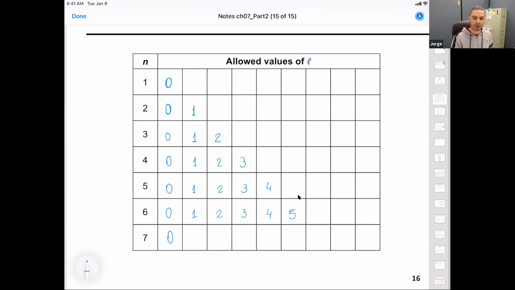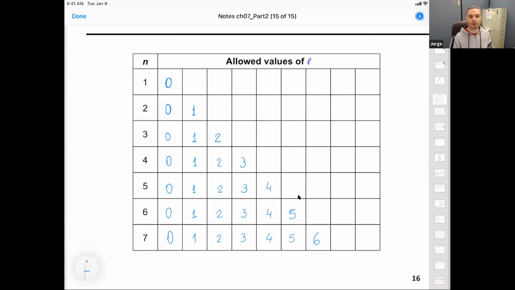And those are the allowed values for each n. And finally, n equals 7, max value is 6. Also possible values are 1, 2, 3, 4, 5, and 6.